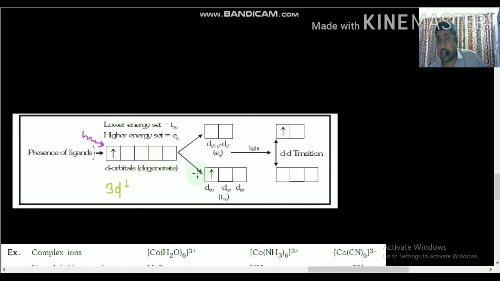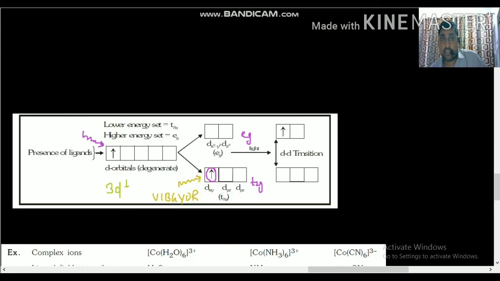Here after the degeneracy is broken, that is split, it is t2g and it is eg. Now this one electron from the t2g level absorbs light from the visible spectrum, say VIBGYOR.